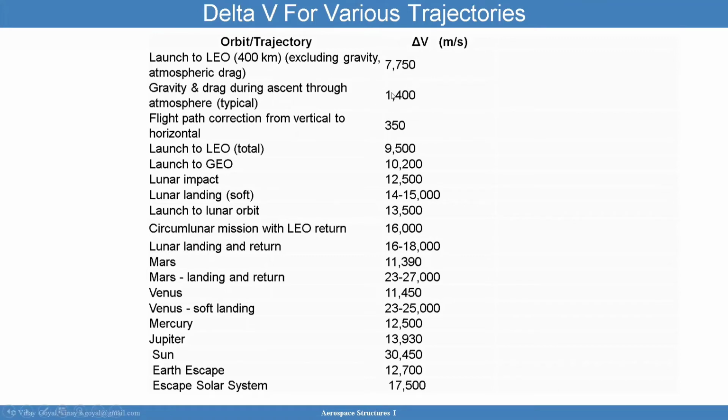A flight path correction from vertical to horizontal, very little. Launch to GEO, you want 10,200 meters per second. For a lunar impact, if you want to land on the moon softly, you will need about 15,000 meters per second of delta V.